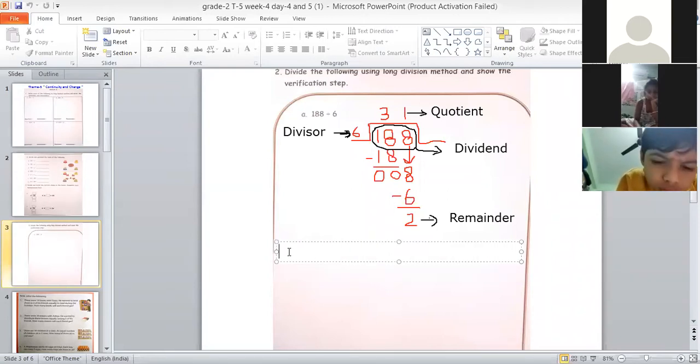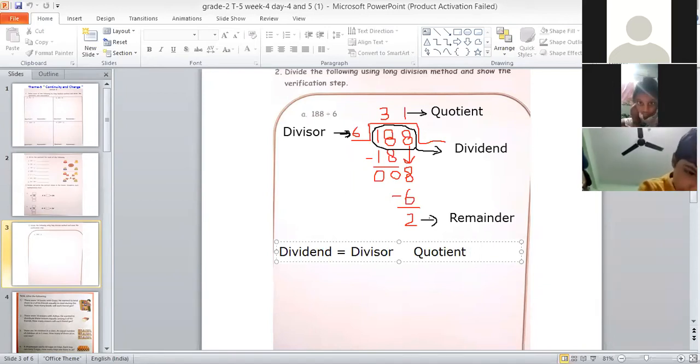That formula is: dividend is equal to divisor into quotient plus remainder.